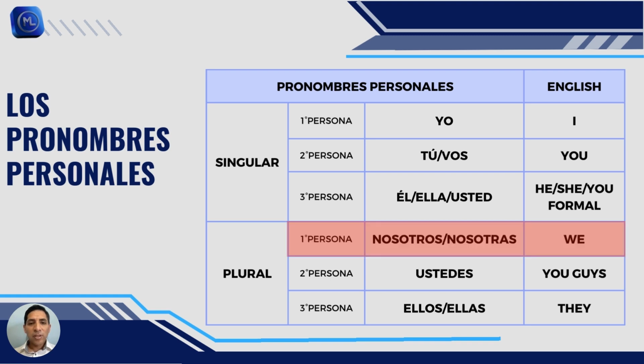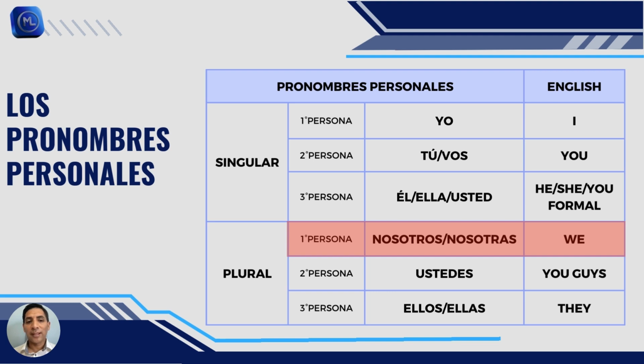So the first person of the plural would be nosotros or nosotras. The first one, nosotros, is for male. So if we are all male in a group, we're going to use nosotros. Also, if the group is formed by males and females, we're going to say nosotros. Otherwise, if it's only females, we're going to say nosotras. And that means we.